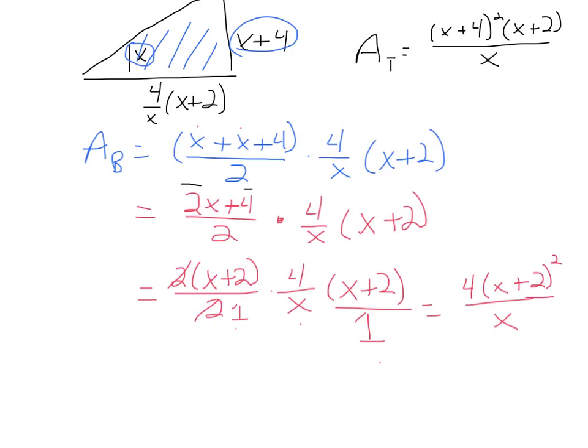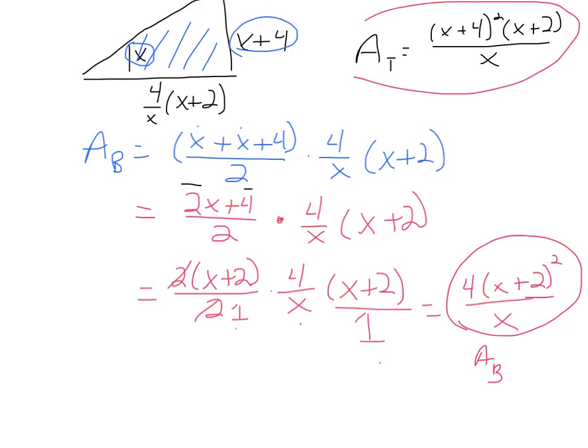All right, so that is our AB. This is our AT, and now we need to set up our ratio, the blue area over the total area. Okay, let's do that next.